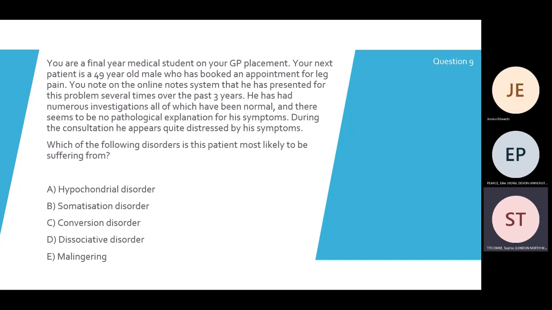He's had numerous investigations, all of which have been normal, and there seems to be no pathological explanation for his symptoms. During the consultation, he appears quite distressed by what he's experiencing. Which of the following disorders is this patient most likely to be suffering from? A, hypochondrial disorder, B, somatization, C, conversion, D, dissociative disorder, or E, malingering.